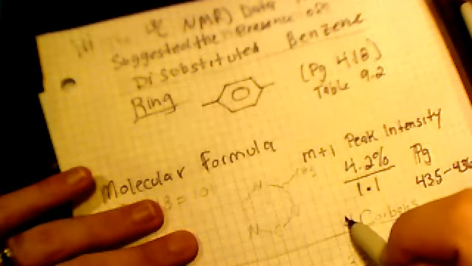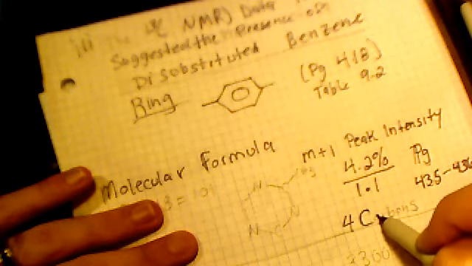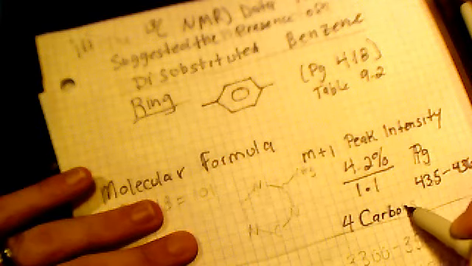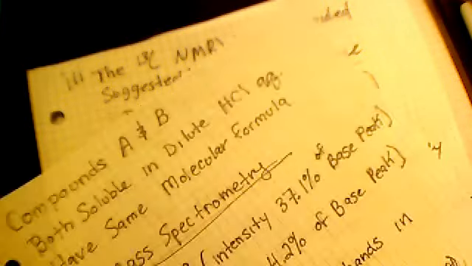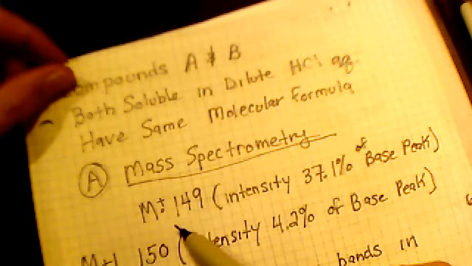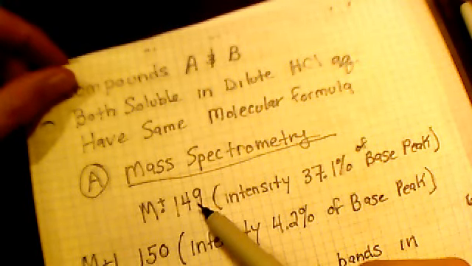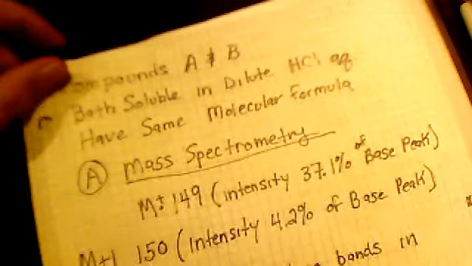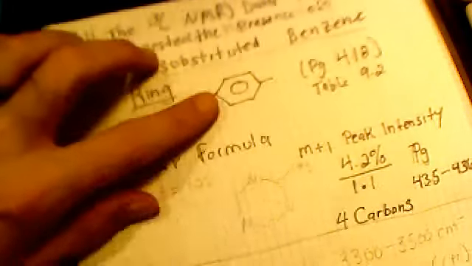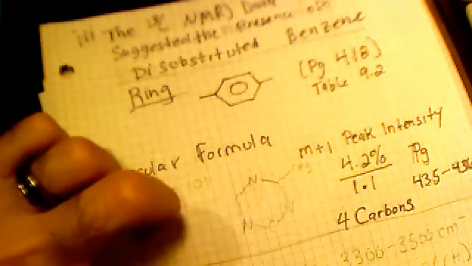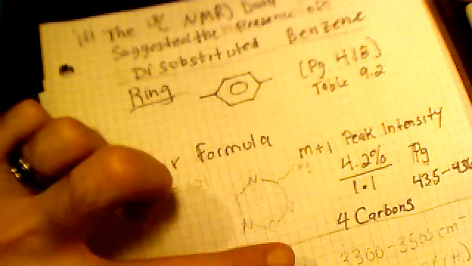When I do that, I get 4 carbons. But I thought the molecular weight was going to be 149, so maybe there are tons of nitrogens and oxygens in this. But you can't have a benzene ring with 4 carbons.